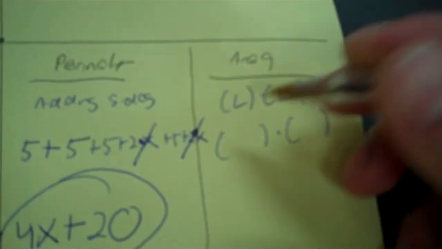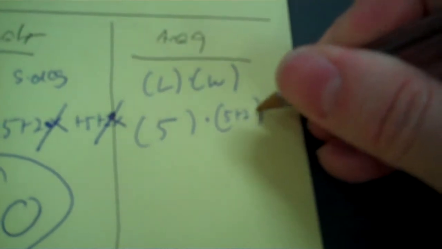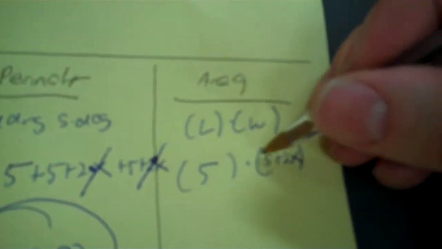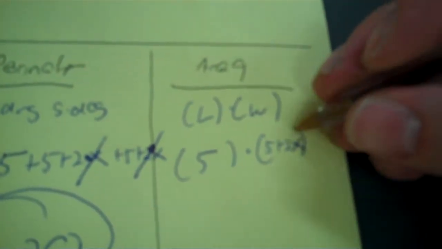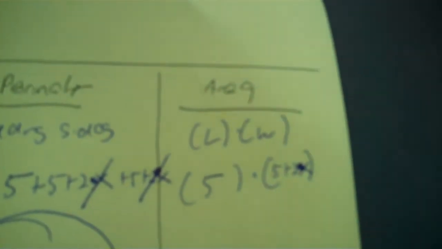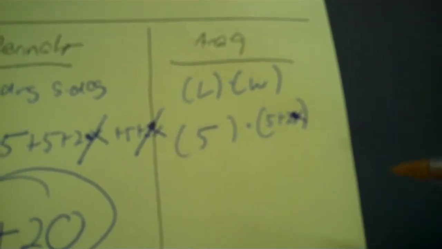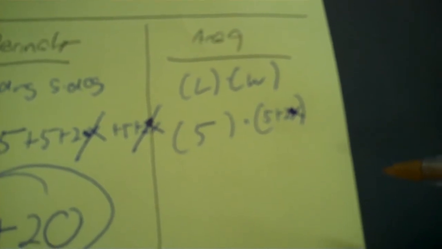Okay, area. Make those parentheses. So the length is 5, the one on the bottom, and the width is 5 plus 2x. Operators, 5 and 5, I see the times. 5 and 2, I've got a plus, and then 2 times x. Okay, parentheses. I have just a 5 there, and I can't do anything with that x there. So can't do anything about the parentheses.